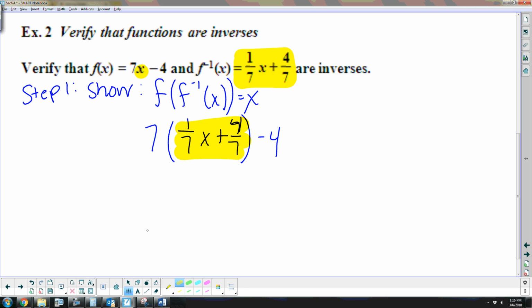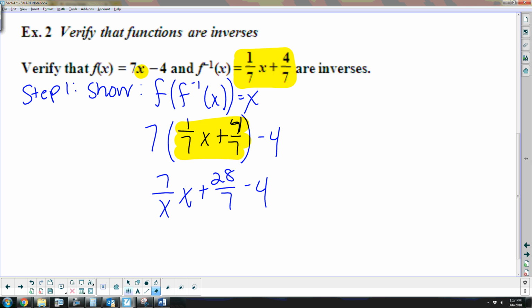So when we solve this, we have 7/7x plus 28/7 minus 4. That's our distributive property. 7/7x, which is just x.